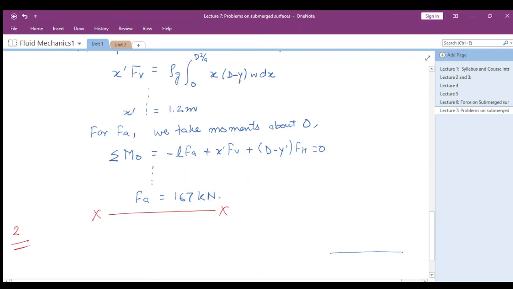I'm taking a section of this mold. What I'm trying to draw here is a quarter circle. That's what I'm trying to draw. I have concrete in here. Here is my atmospheric surface. Okay.